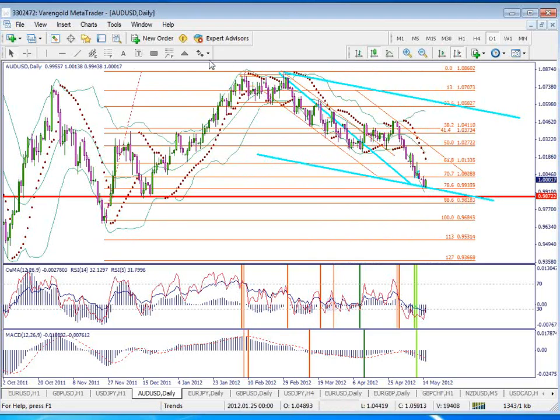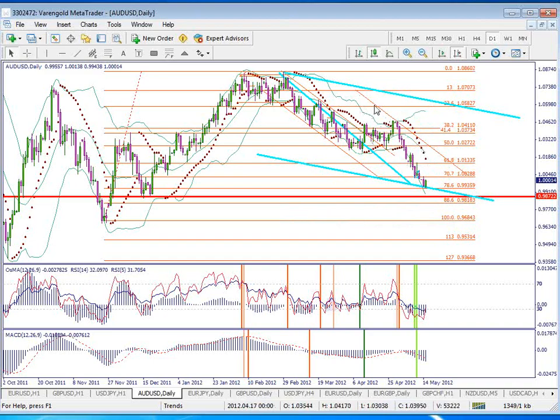So on daily, we can see that the pair reached 78.6 and a value of 0.9935. Actually, the target was the parity. Probably now the pair will have one move, one retracement, one small retracement.